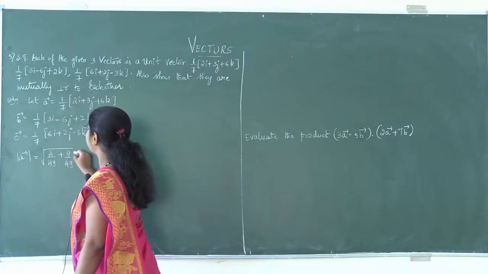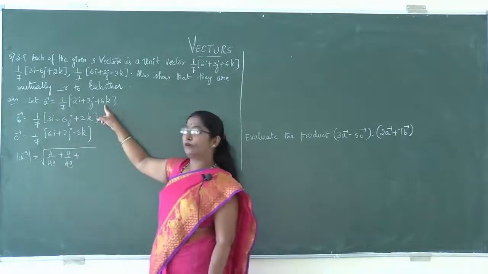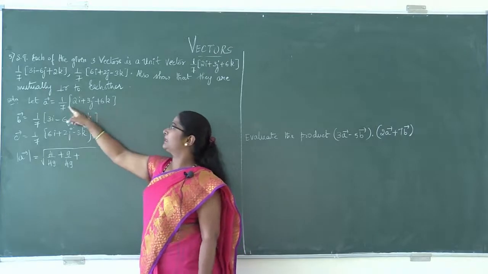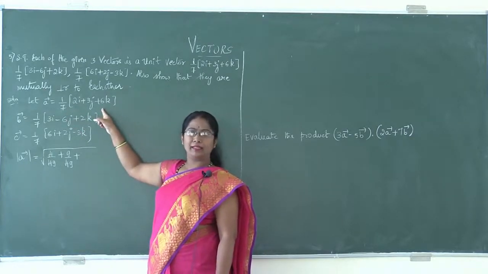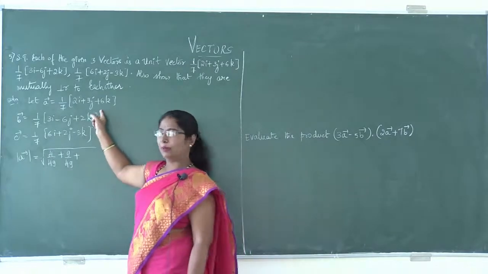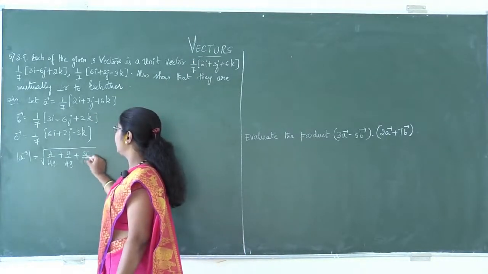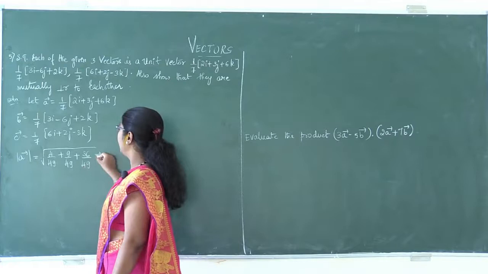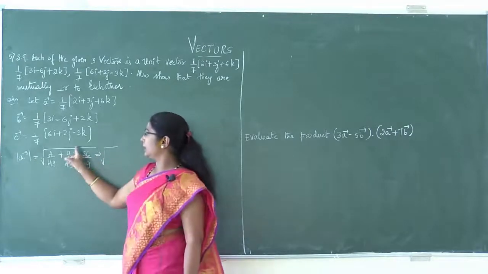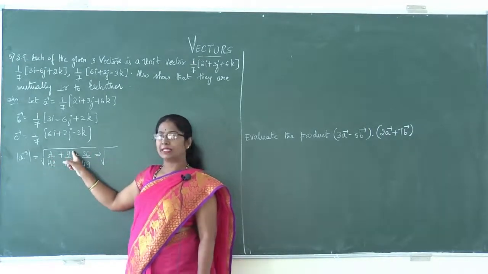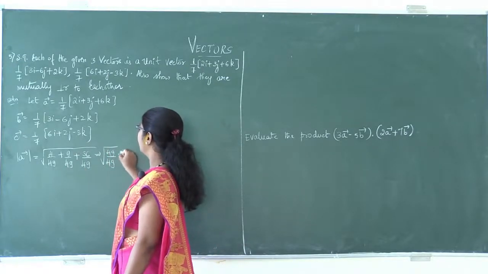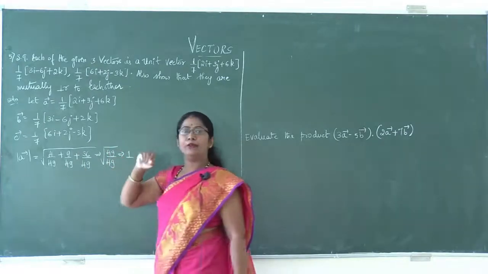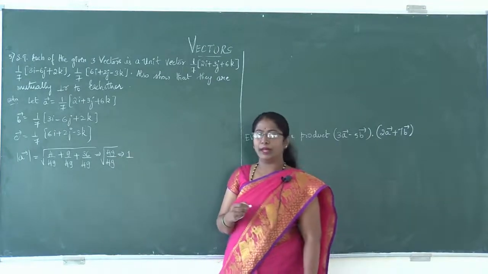Similarly, the coefficient of k is nothing but 6 by 7. When you square 6, that is nothing but 36. When you square 7 it will be 49. This will be 36 by 49. Implies what? 36 plus 4, 40, 40 plus 9 will be root 49 divided by root 49. Both get cancelled. The magnitude of vector A is equal to 1.